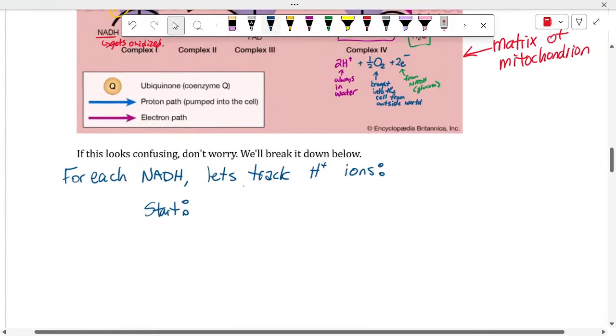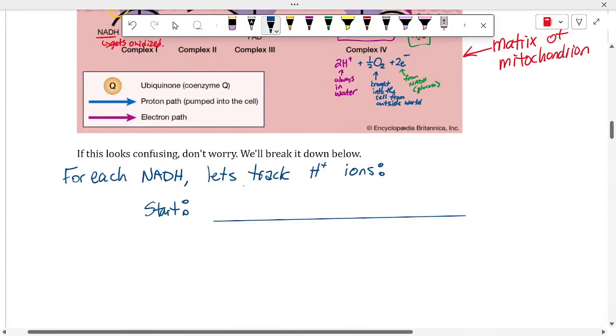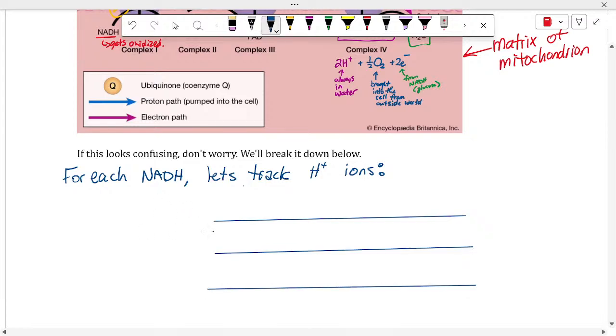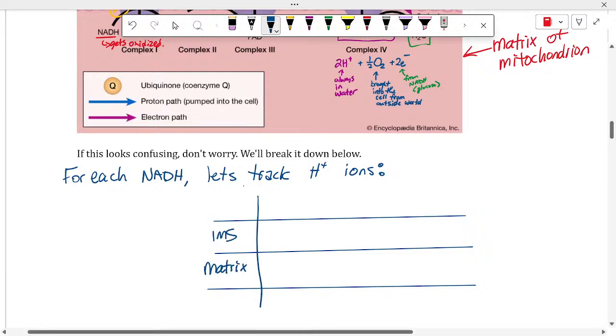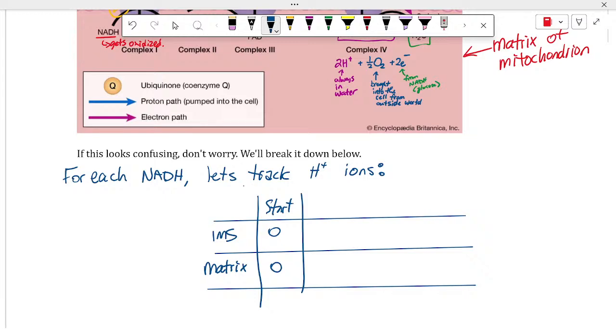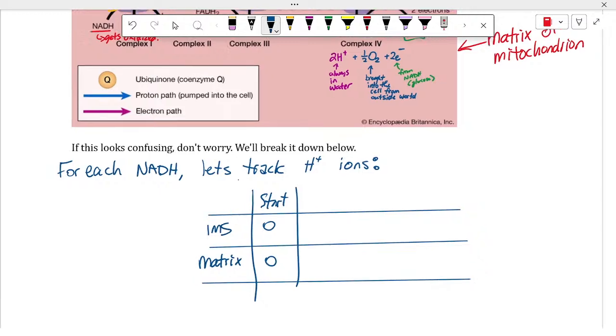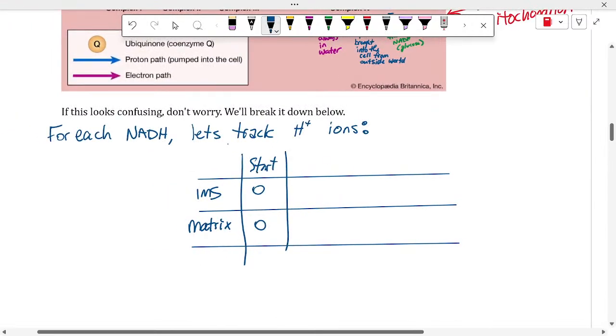That was a terrible table, but that's because I'm doing this on the fly. This isn't in my practice notes, but I'm just thinking now that I like this idea. Let's look at the intermembrane space and the matrix. At the start, let's just call it 0 and 0, which doesn't mean there's 0 H plus ions, but we're just calling that the default number. The truth is there'd be trillions and trillions, because we're dealing with molar levels.